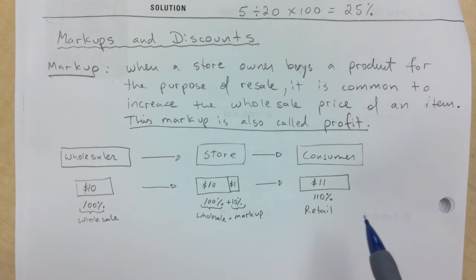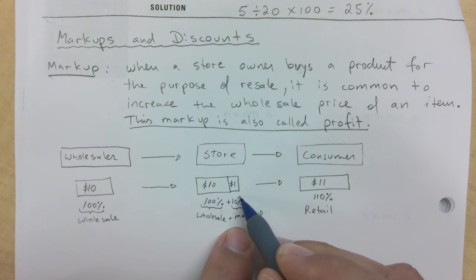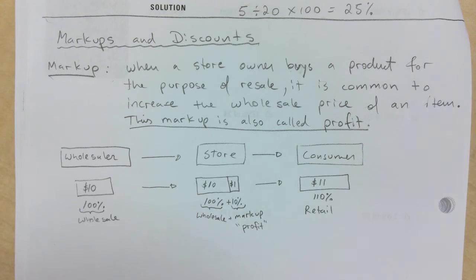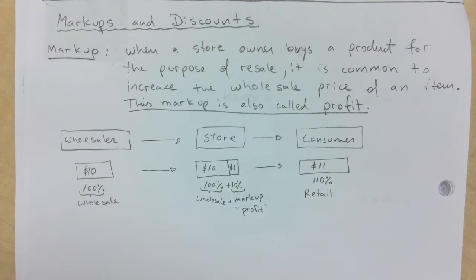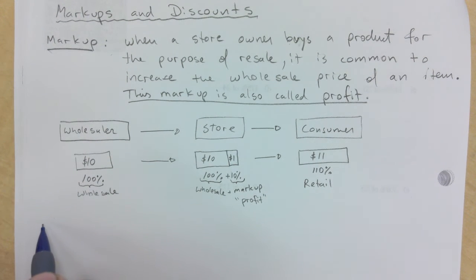So essentially, this markup, this little chunk that the store adds, is also called the profit. That markup, the amount that you're going up by, is how much a store owner is essentially putting in his or her pocket. So you need to understand that concept very well, for life, not just for this course.